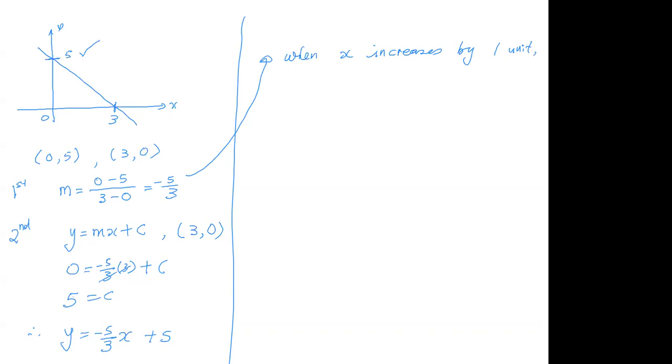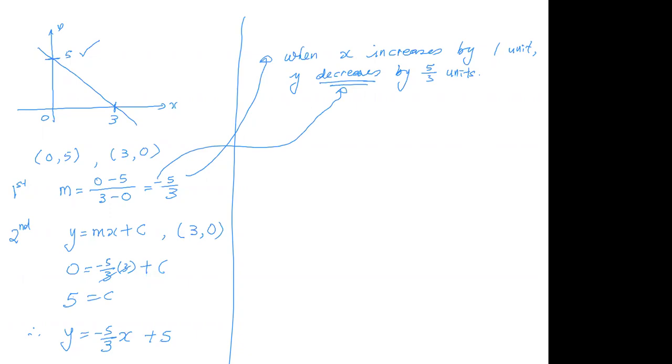So y, can someone tell me? Decreases by 5 over 3 unit. So do you see? Decreases is linked to negative.